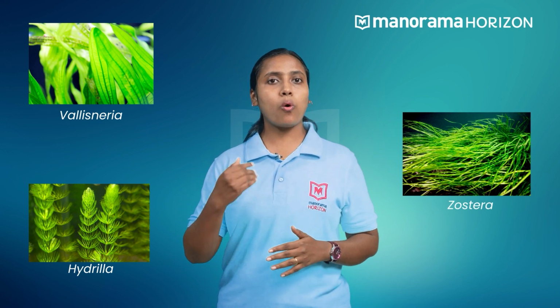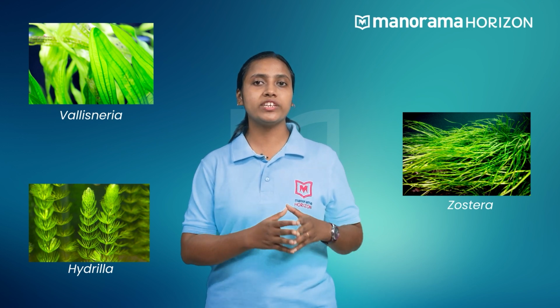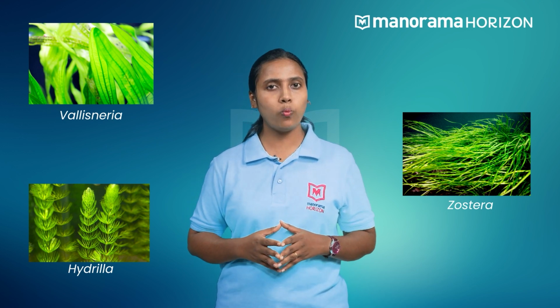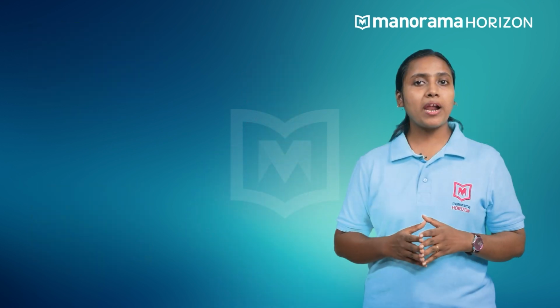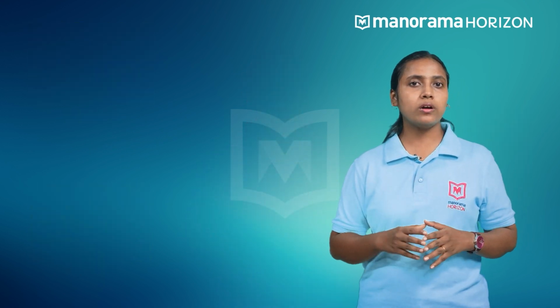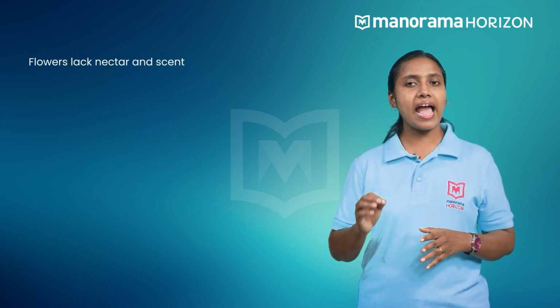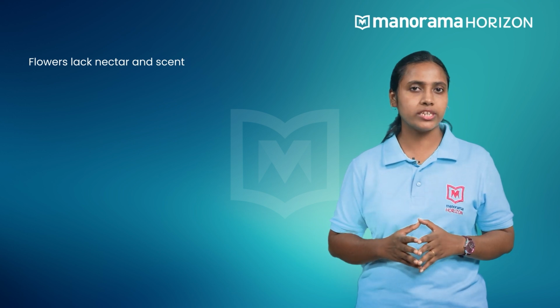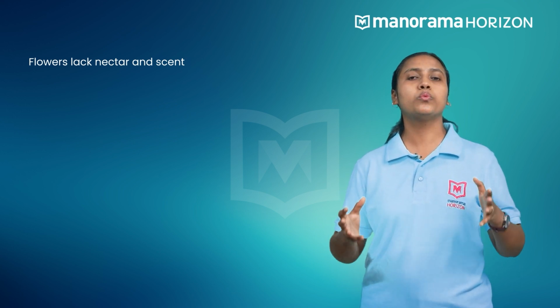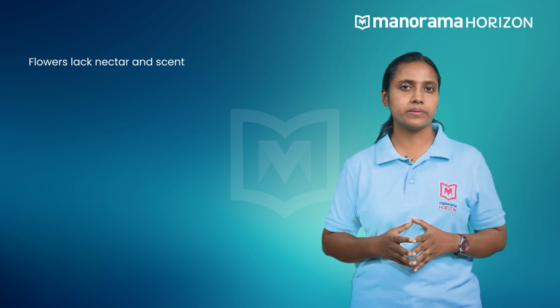These plants also have some features to facilitate pollination by water. Let's see those features. The plants pollinated by water lack nectar and scent as they do not need living pollinating agents such as insects to visit them for pollination.